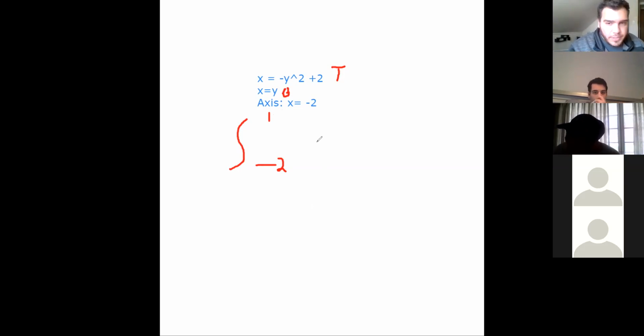Okay, let's take our bigger circle. So the pi never leaves us in this case. And we have our bigger cylinder, which is negative y squared plus 2. But we have a new axis at negative 2, so we're going to subtract negative 2.